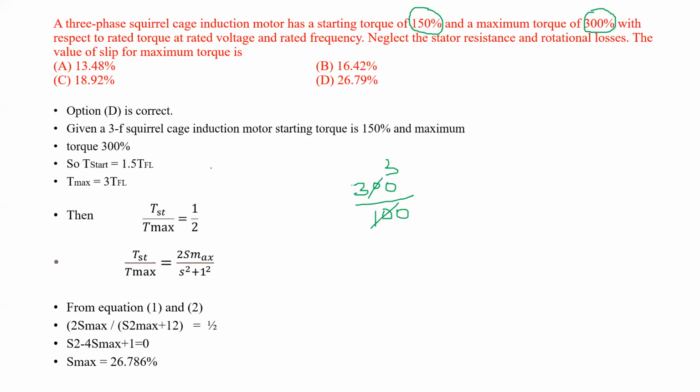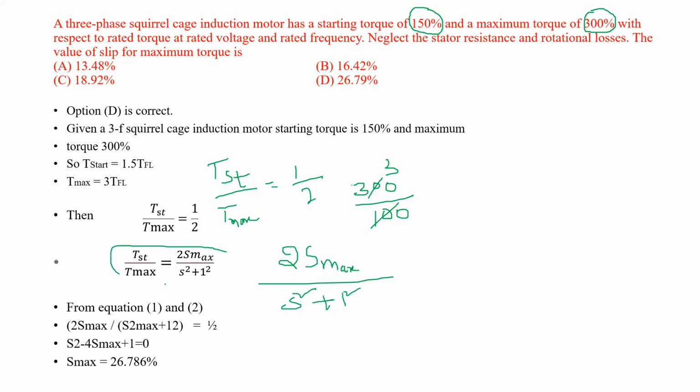So what we can write here, starting torque upon by maximum torque is equal to 1.5 upon by 3, which is equal to 1 by 2. Also we have a formula, TST upon by T maximum is equal to 2 S maximum divided by S square plus 1 square.